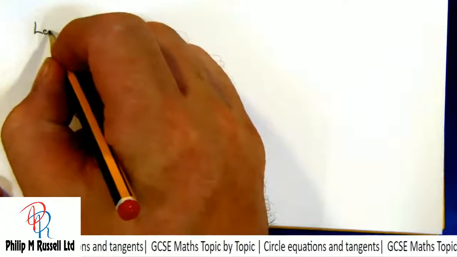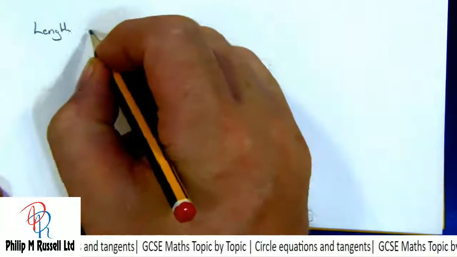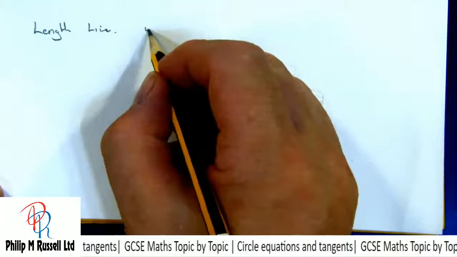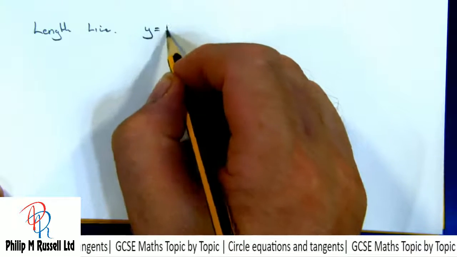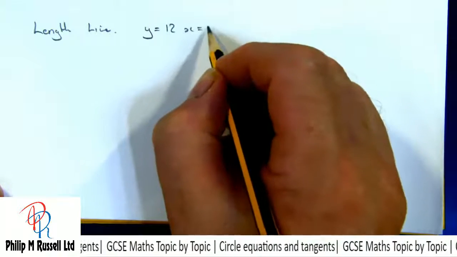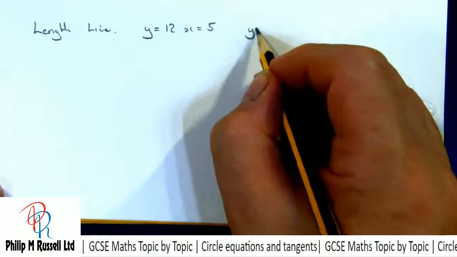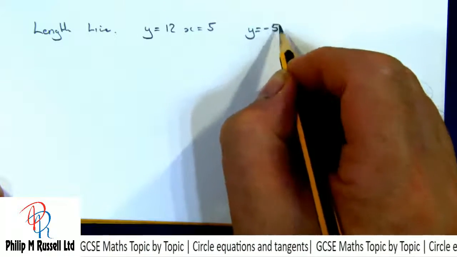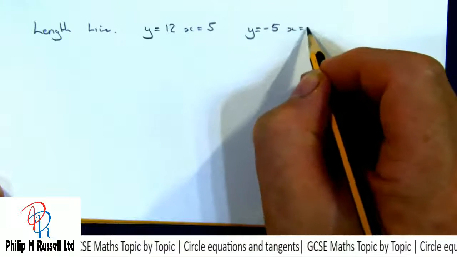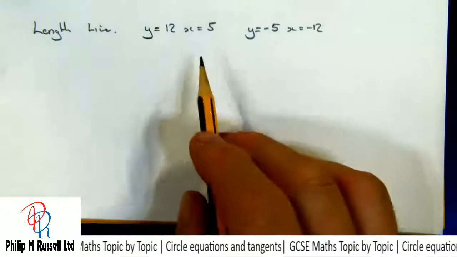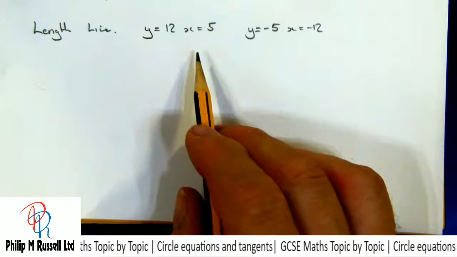I want to work out the length of a line. I've got my coordinates that I've worked out. y equals 12 and x equals 5. I haven't written them as nice coordinates. y equals minus 5 and x equals minus 12. Well, if we've got this, it's easy enough to work out.